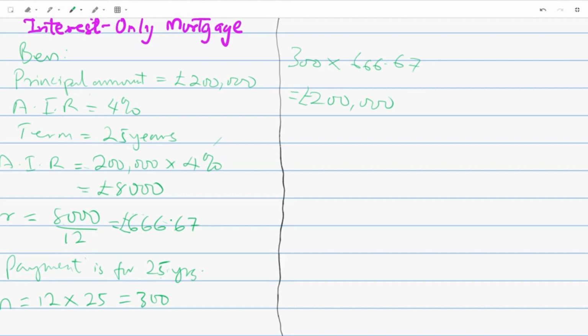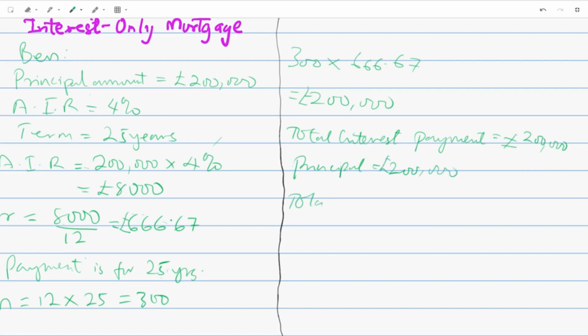All right, so the total interest payment that Ben will have to pay is £200,000, right? We do know that the principal is equal to 200,000 as well.